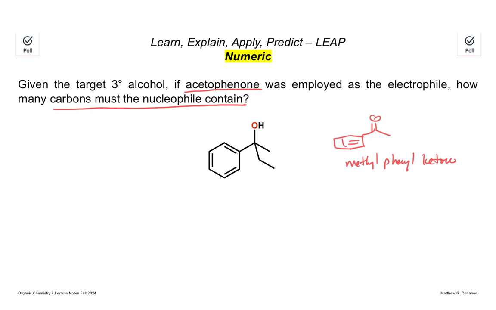We basically want to make that bond, so it must contain those 2 carbons, which would come from ethyl, CH3CH2MgCl, ethyl magnesium chloride. So that would be strategy number 2.